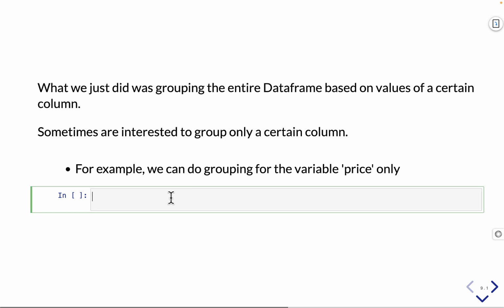Sometimes we may be interested in only calculating some statistics by group for a particular numerical attribute. Let's say we're going to calculate the mean prices for the different groups based on object. So this time we're only interested in the price column. We take the price column and perform a group by.